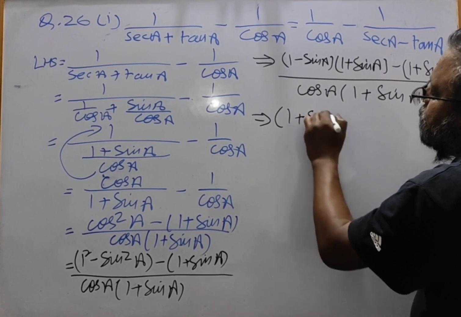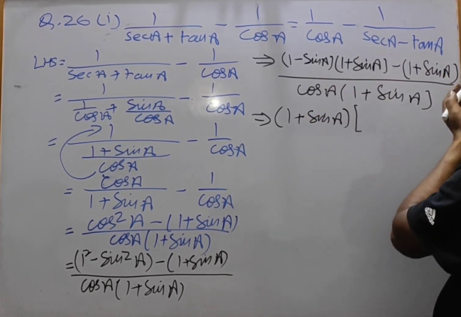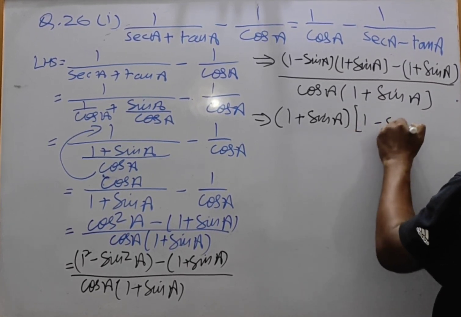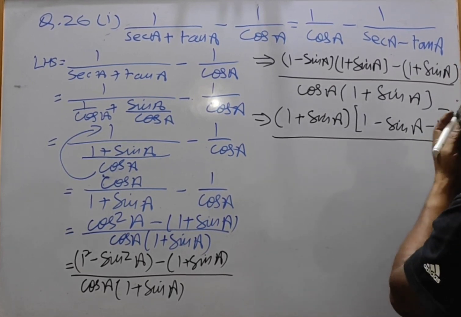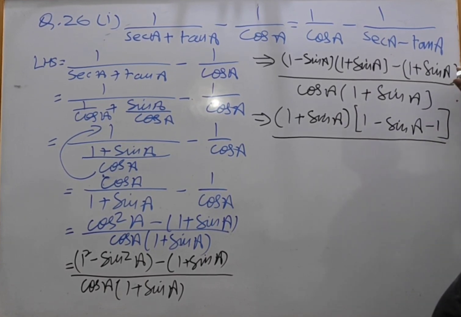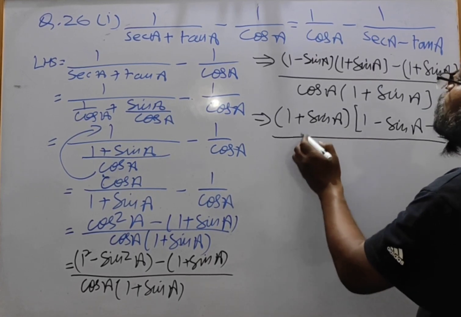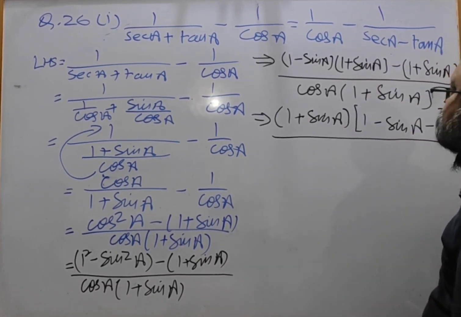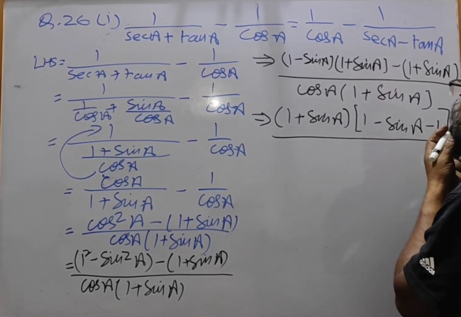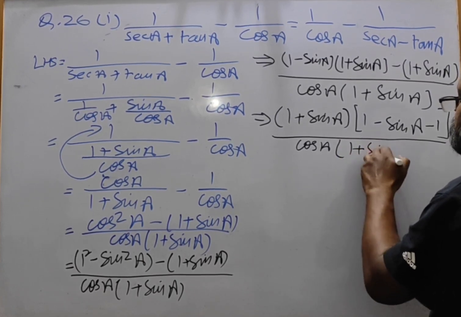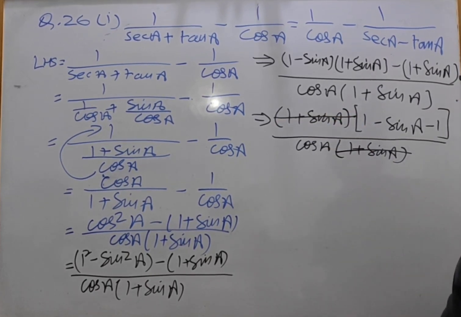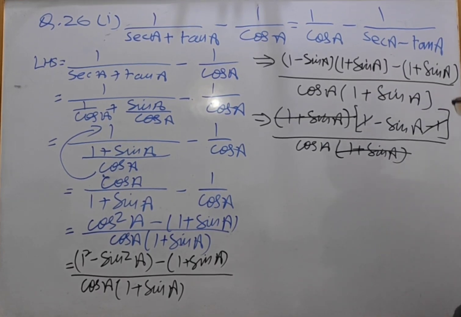Then you get 1 minus sin A minus 1 upon cos A bracket 1 plus sin A. This 1 plus sin A and 1 plus sin A is cancelled out, and this plus and minus is cancelled out. So what do you get?